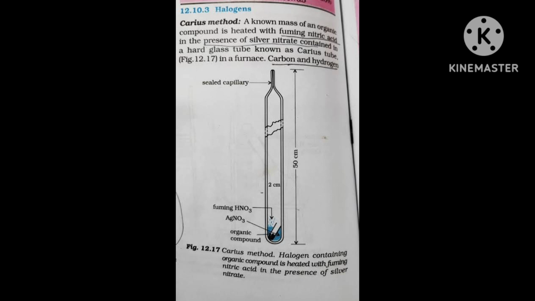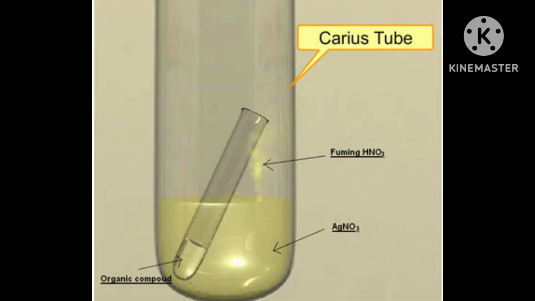After that, the calculation starts. You have to calculate the molecular mass of AgX. 1 mole of AgX contains 1 mole of X in the form of ion, maybe fluoride, chloride, bromide or iodide.